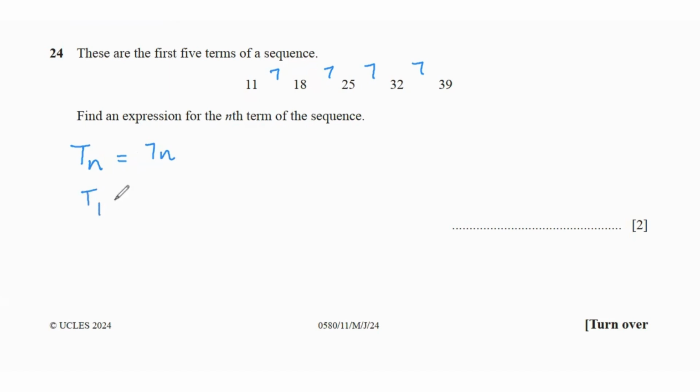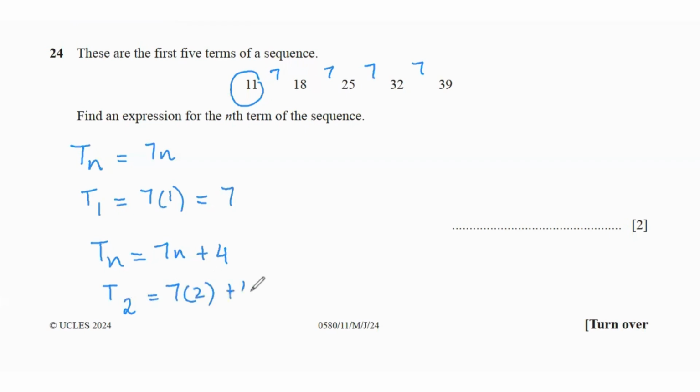If we find the first term based on this, what we get is 7. And over here, the first term is 11, which means the nth term has to be 7n plus 4. So now if we find the second term, 7 times 2 plus 4, we can see that's 18, which is the same as the number in the sequence.